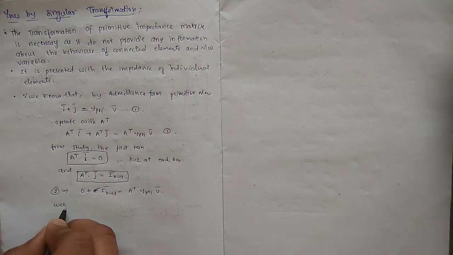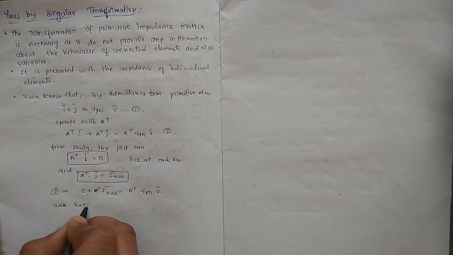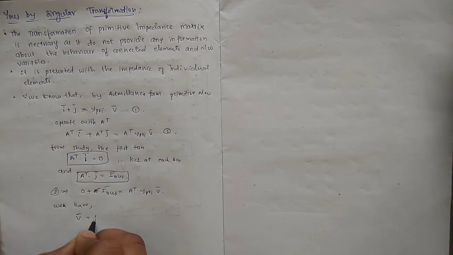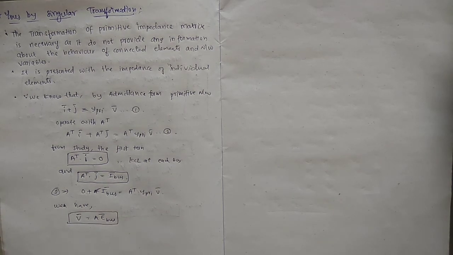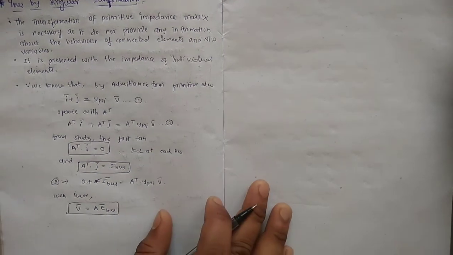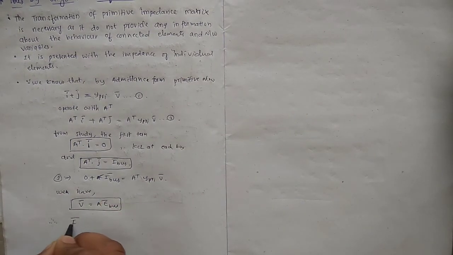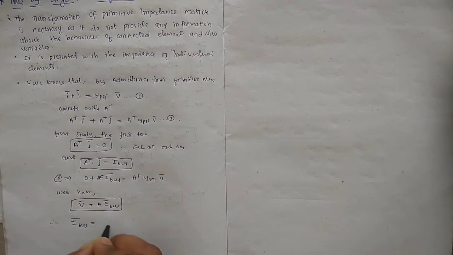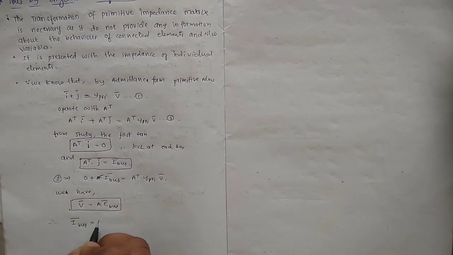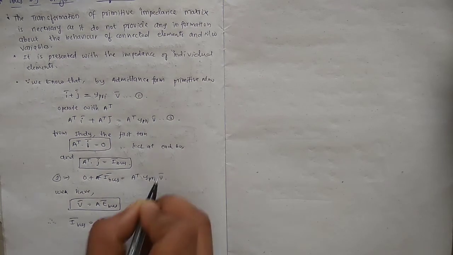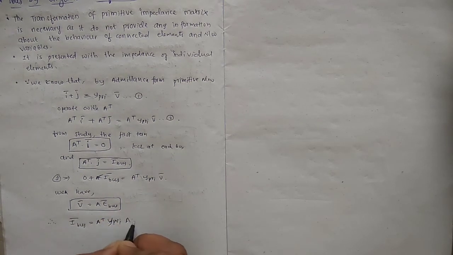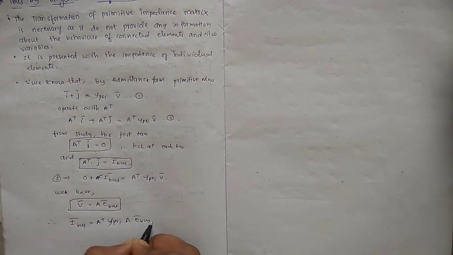We have v bar is equal to A into E bar bus. Therefore this equation becomes I bus vector is equal to A transpose into y primitive, where v bar is equal to A into E bar bus.